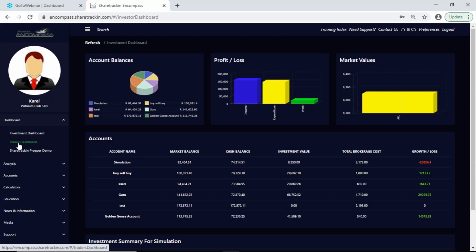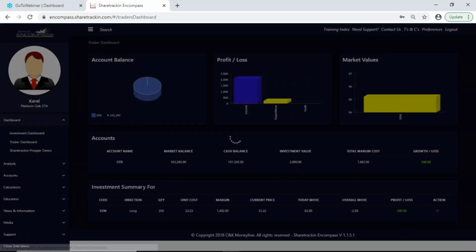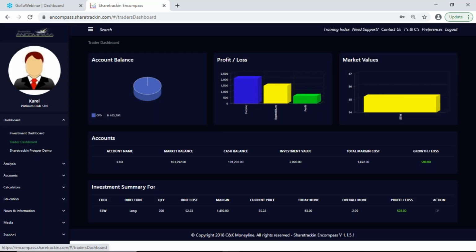I can also have a look at how my trader dashboard is doing. Currently, I can see that I do own SSW. SSW is delivering a profit of 598 Rand. So it is delivering a profit currently. And as long as the share is still growing, I would keep the share on my simulation.